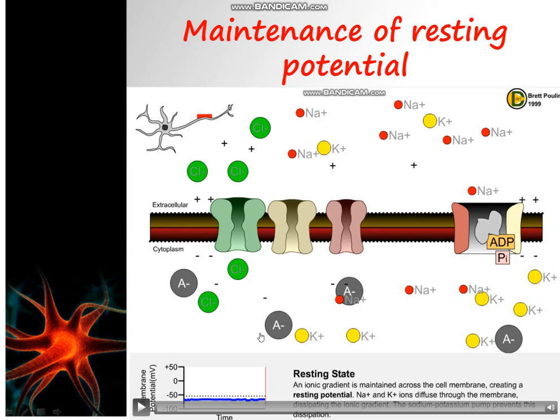A- represents the proteins and the nucleic acids negatively charged. And as you see, the concentration of K+ in this medium is greater than that in the extracellular medium. In fact, the resting potential is maintained by a double transportation of ions. Let's see the first one.